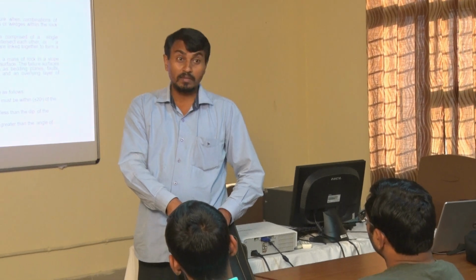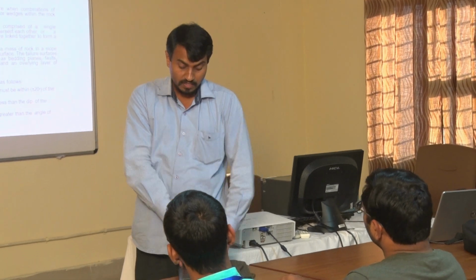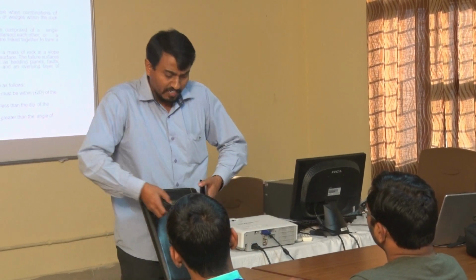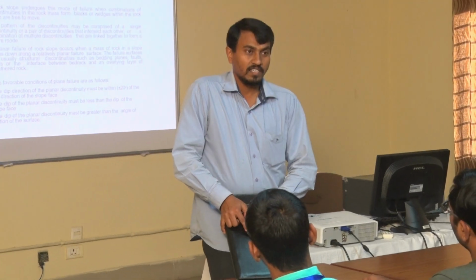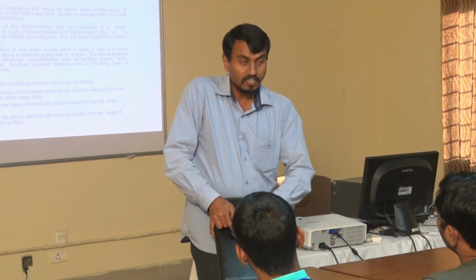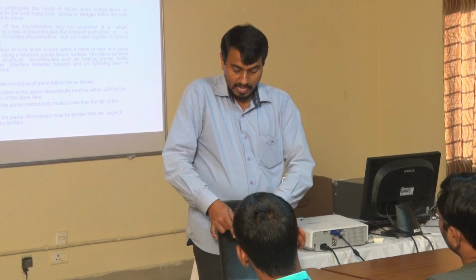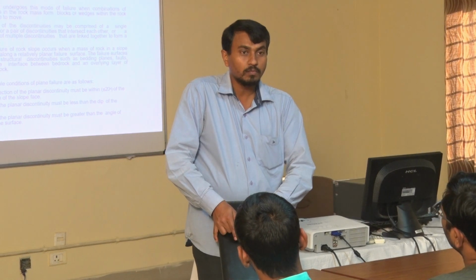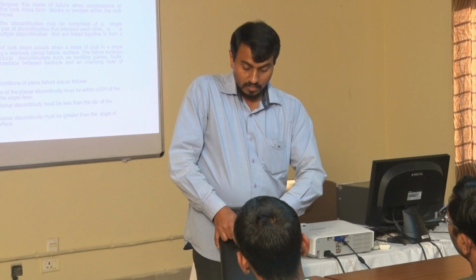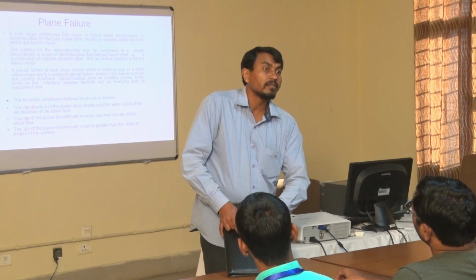But we know any block when it is moving, there will definitely be some amount of friction. So except for a very free face, this is the release surface, these two blocks are actually glued together. Now when it is moving, it is a release surface, so it is going to offer some amount of resistance.